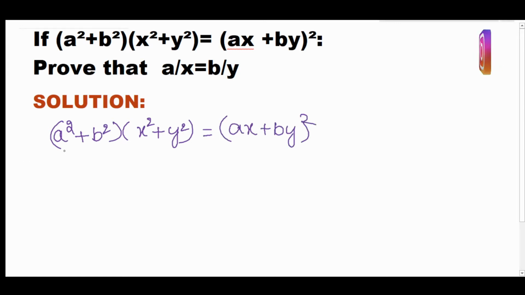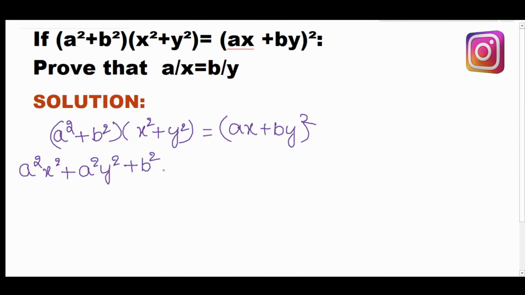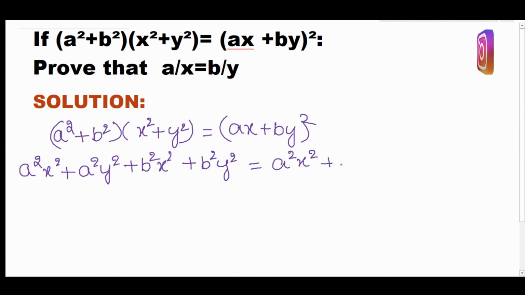Now let's multiply a square into x square is a square x square, again plus a square into y square is a square y square, plus b square x square plus b square y square, which is equal to, let's expand this, a square x square plus b square y square plus 2ab x into y.